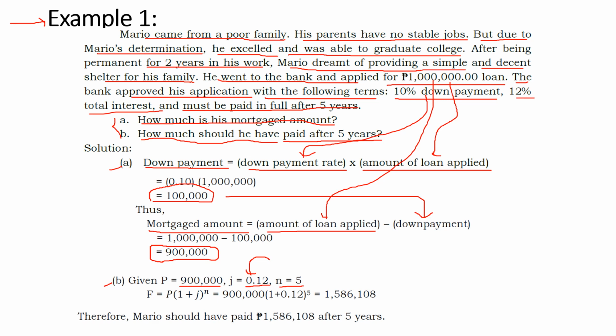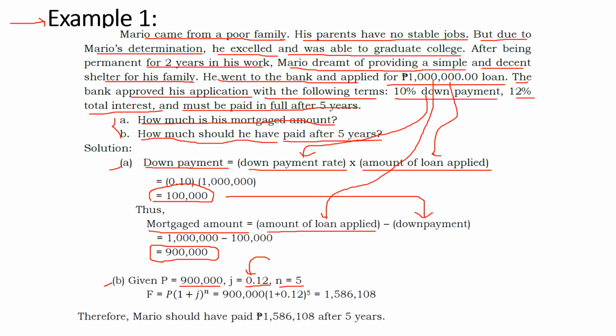We only divide by 12 if the given is compounded monthly, by 4 if compounded quarterly, and by 2 if compounded semi-annually. But in this case, the given is already compounded annually. Now, your n will be equal to 5.